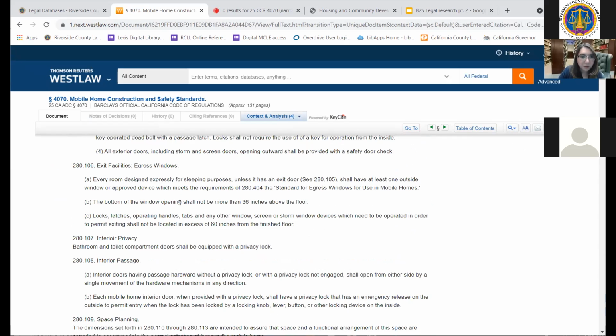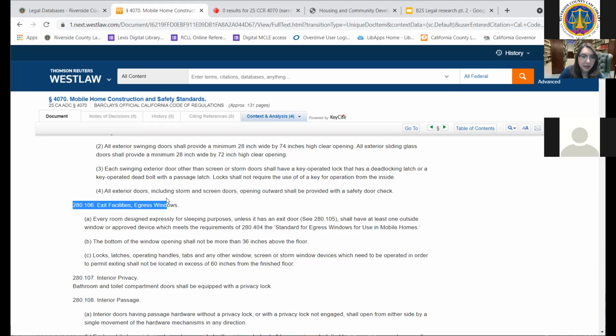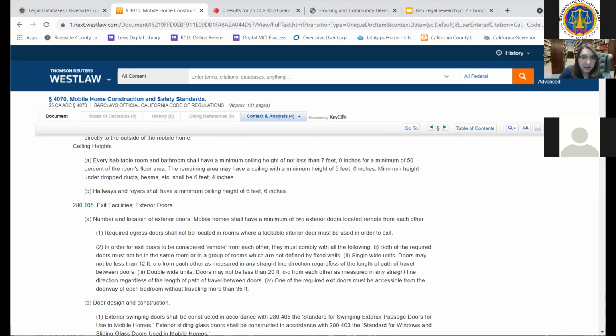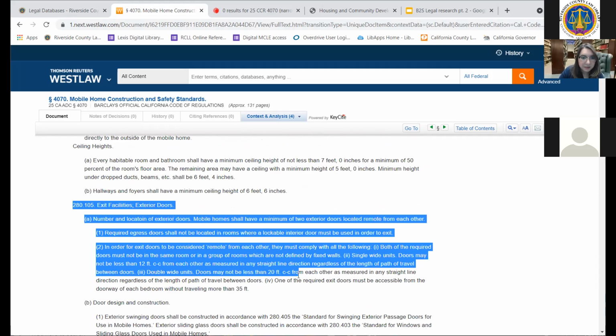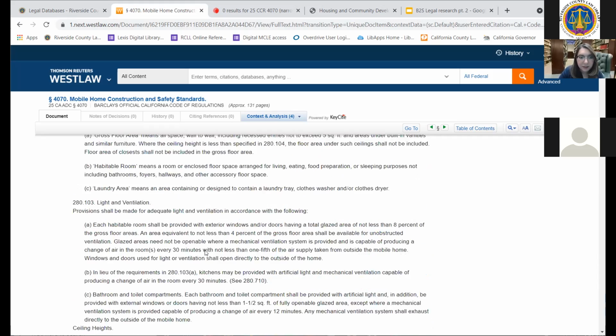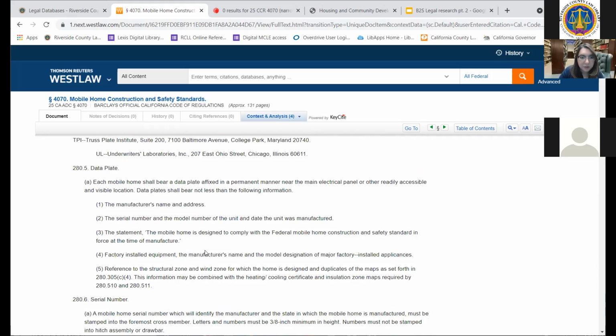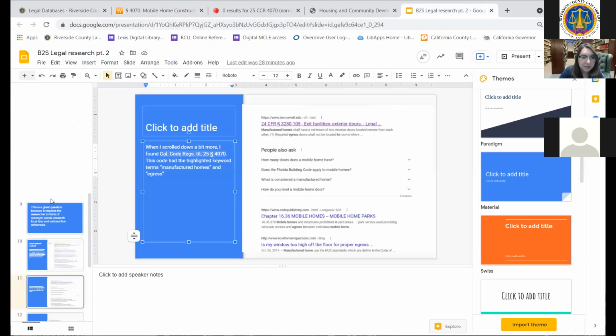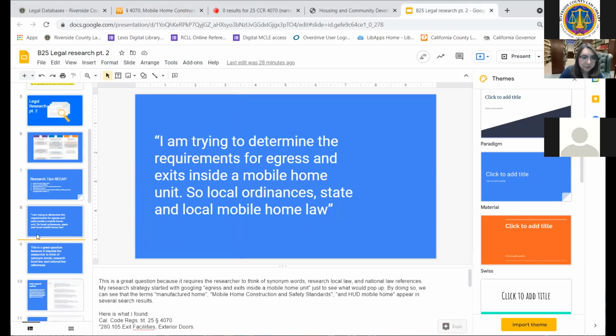And then we can see more information about specifically exit facilities and egress windows, for example. So things like that, as well as exit facilities, exterior doors. So these are going to be really helpful in determining the original question, which was the requirements for egress exit inside a mobile home unit.